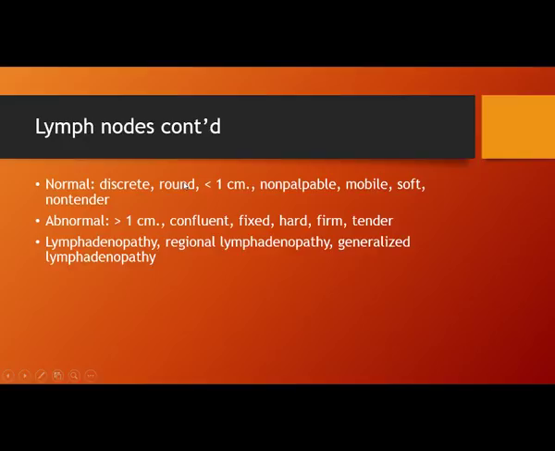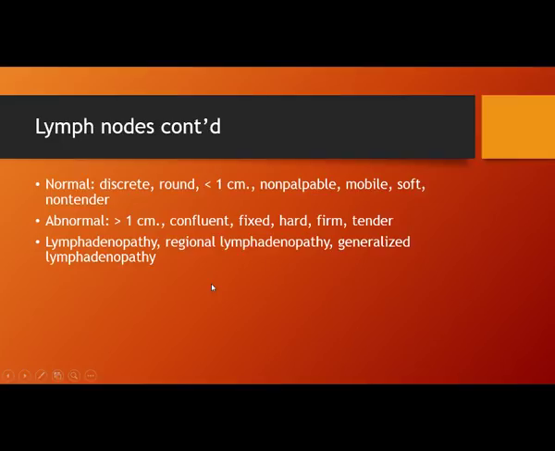Normally, they're also round if you do feel them, and they should be less than 1 centimeter. They should be mobile, soft, and non-tender. Abnormals are greater than 1 centimeter, if they're confluent, they could be fixed, hard, firm, tender. Those are all abnormal findings.